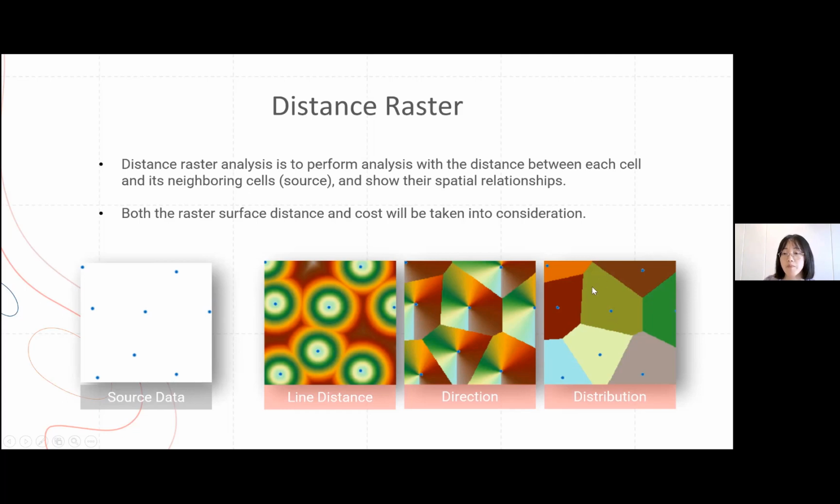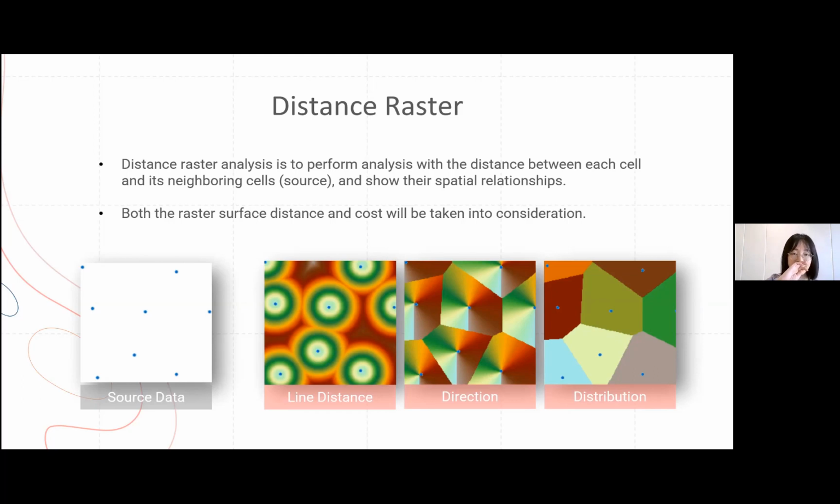So those areas belong to it, so we can say that those areas are the areas that are closest to this point. And it's also the same for the distribution of other points.